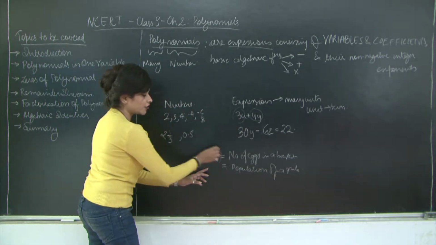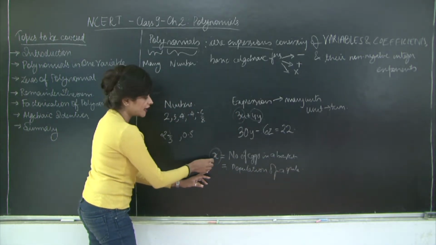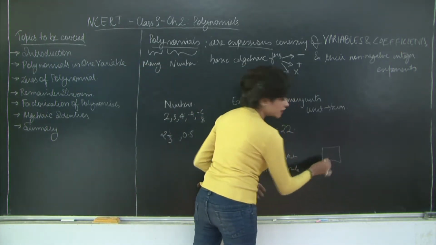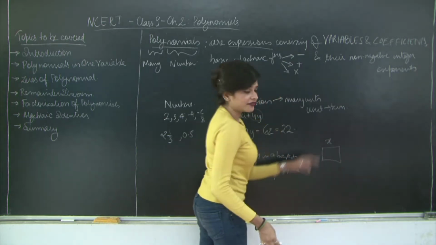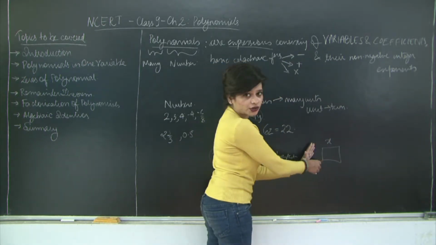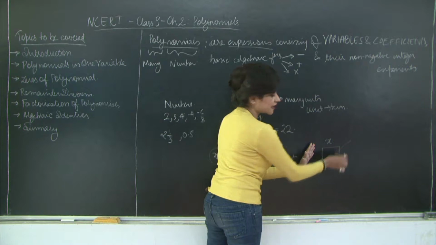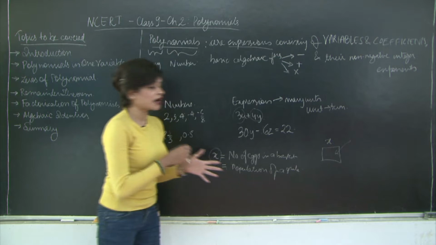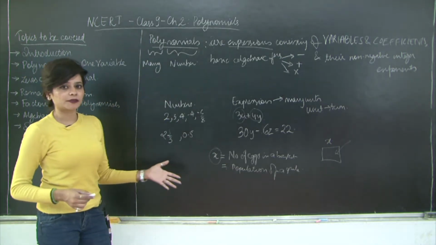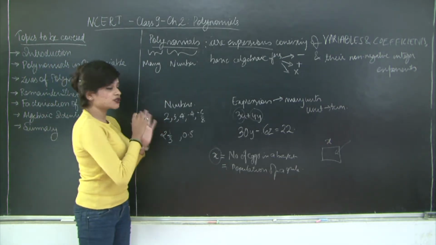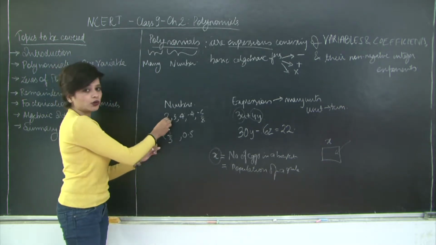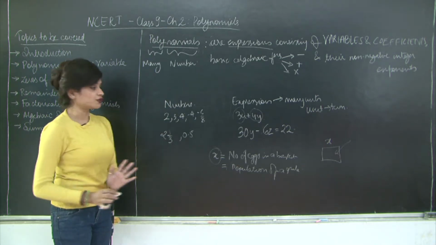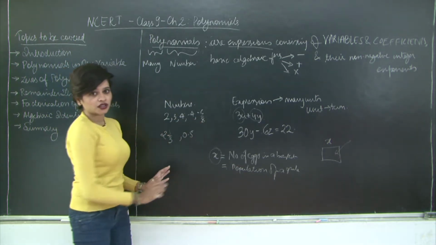So this term x is a variable. The value inside it could keep changing. For example, if you have a house given on rent, the location is not going to change, but the people who stay there keep changing. So x becomes the variable, that is, a placeholder, and a constant is nothing but a term whose value is never going to change. For example, 2 is always going to remain 2, 3 will always remain 3.